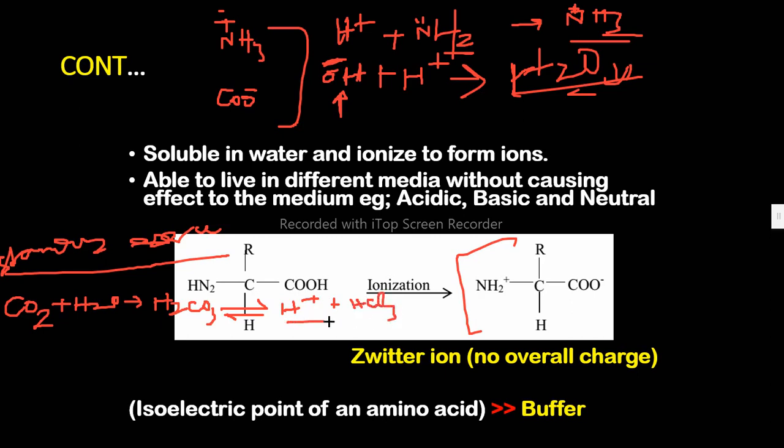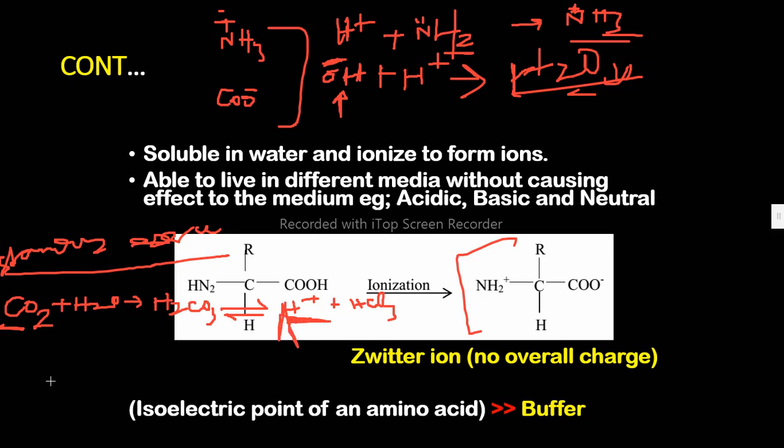Now, do you see these hydrogen ions that are produced from carbon dioxide produced in the tissues? You can see that.